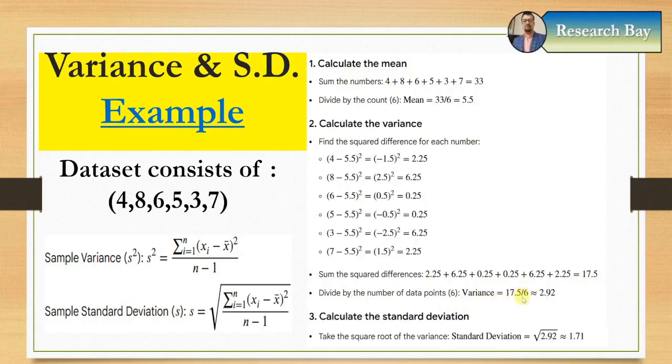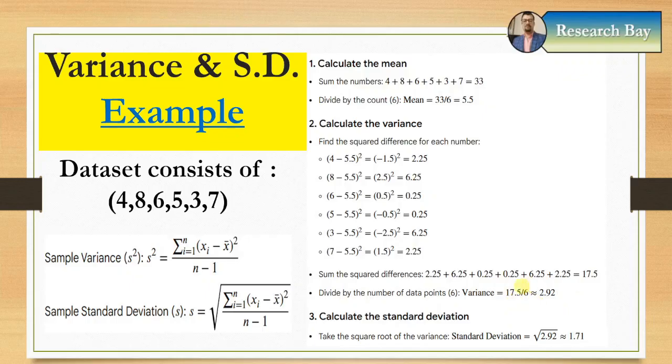Why 6? Because in case we are doing a population variance, then in that case we divide it by 6. But if we are doing a sample variance, in that case we will divide it by 5. So here the thing to be noted is that we are calculating sample variance, not the population variance.